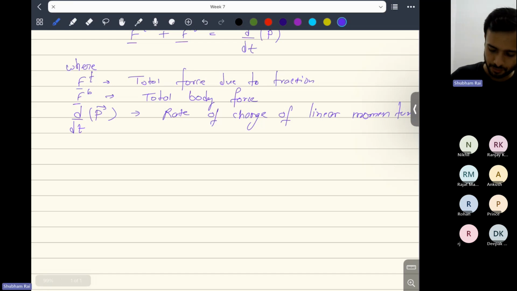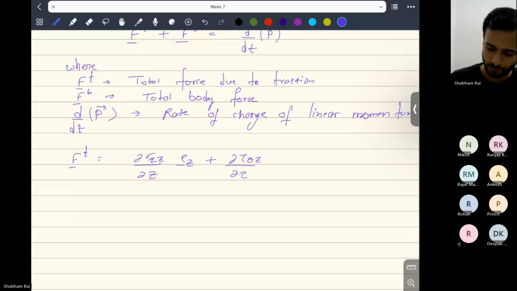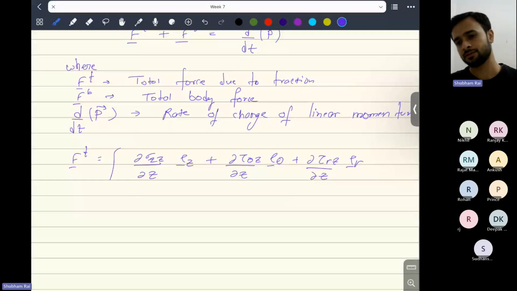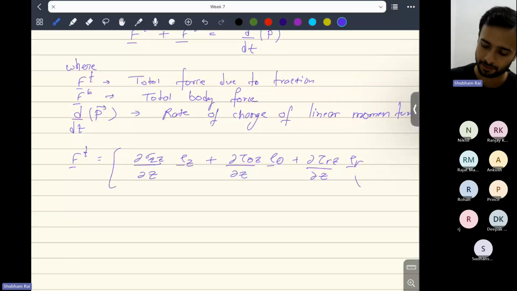On the z plane first: del sigma zz by del z, in z direction, plus del tau theta z by del z, in e theta direction, plus del tau rz by del z, in direction er. These are the first three components, and these are on the z plane.